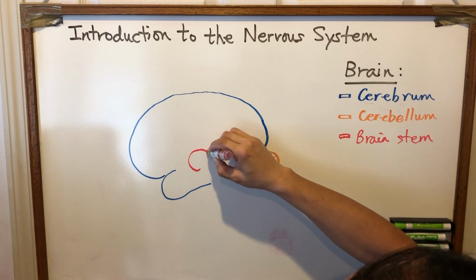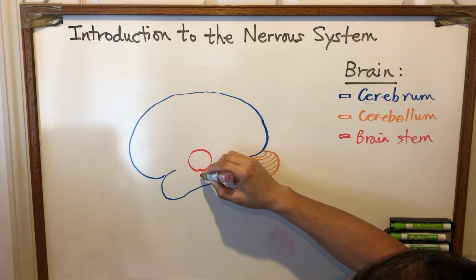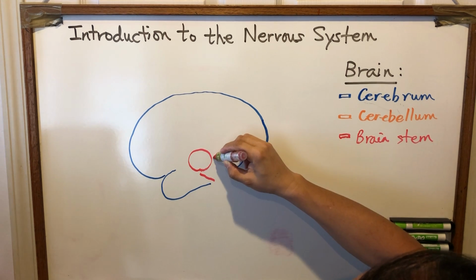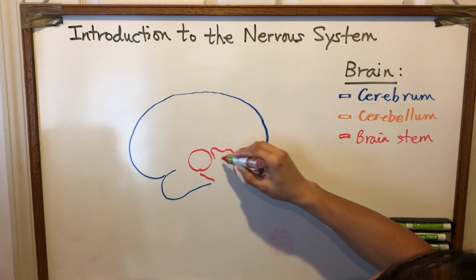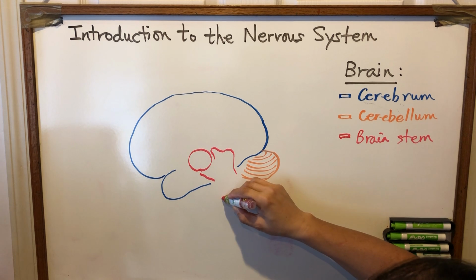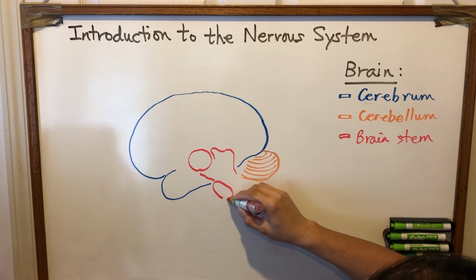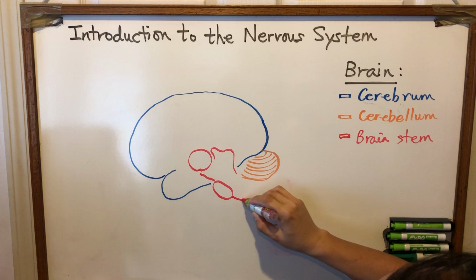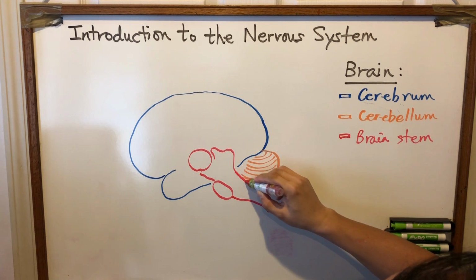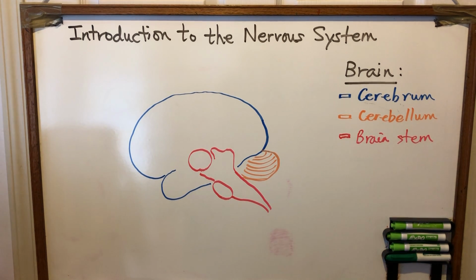Some are round, others are oval shape, elongated shape. So this red area is in fact the brainstem. We'll divide it into different areas also in a moment.